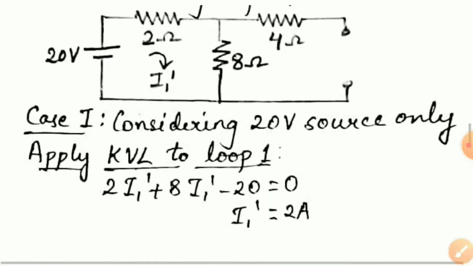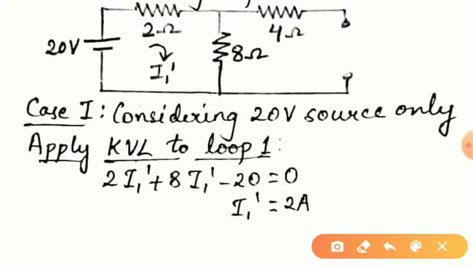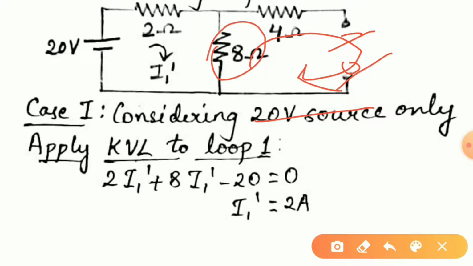So when we consider the voltage source of 20 volt only, the 2 amp current source is replaced by its internal resistance, that is, it is open circuited. So no current will be flowing through this loop as it has a broken path. So current flowing through the 8 ohm resistor will only be due to current in loop 1, that is I1 dash.